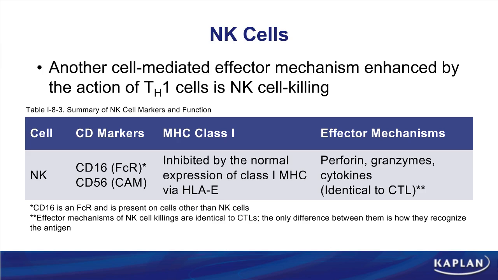And they detect that through a molecule called HLA-E that we talked about earlier. The effector mechanisms, guess what, are exactly the same as what we just talked about for the cytotoxic T cells. So again, you're going to see the perforin, the granzymes, the cytokines that are toxic and will cause that target cell to enter into apoptosis.